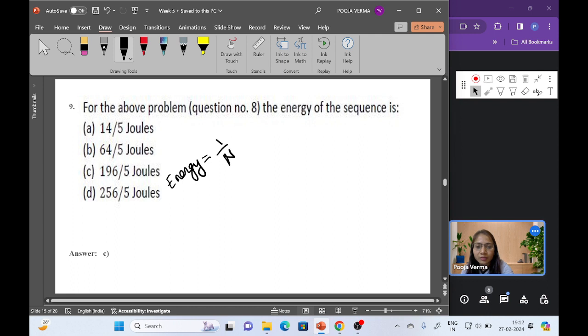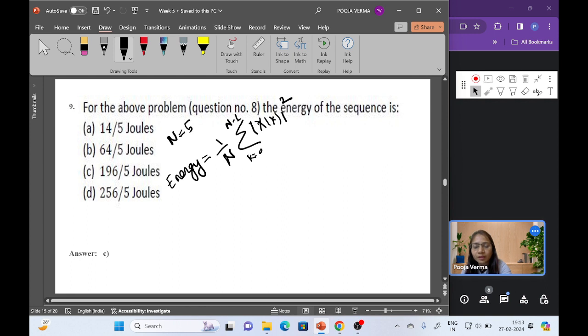it is 1 by n, summation of k is equal to 0 to n minus 1, mod x of k square. Okay, here n is equal to 5.